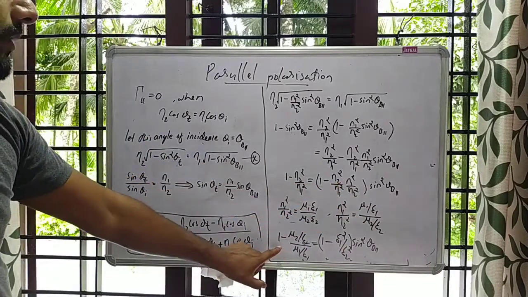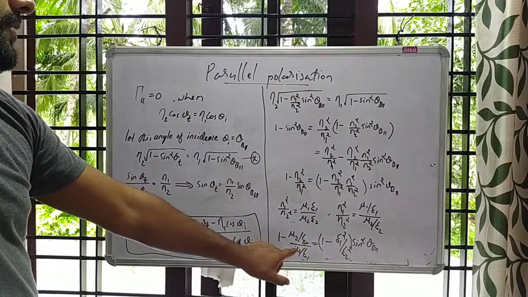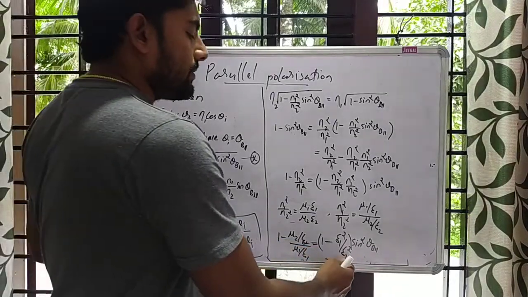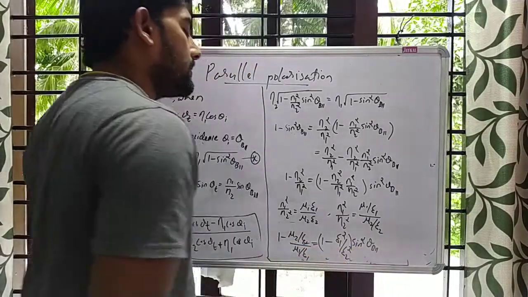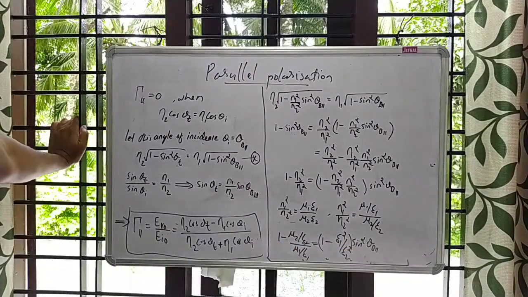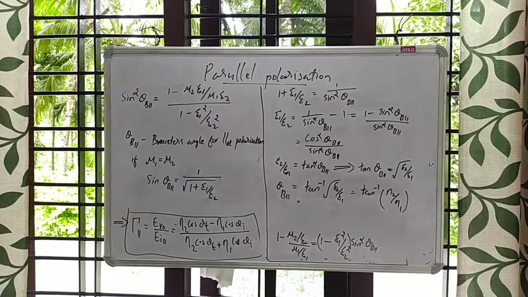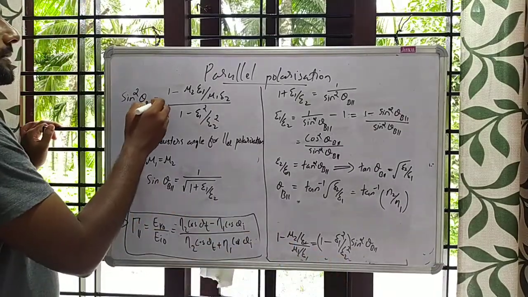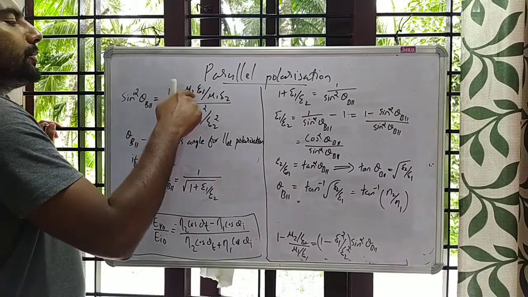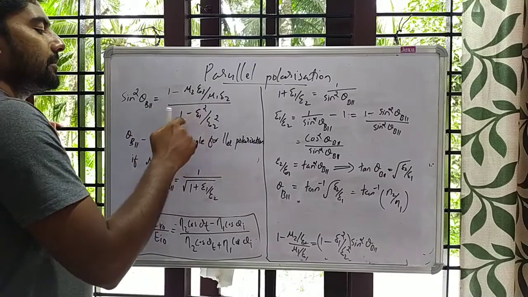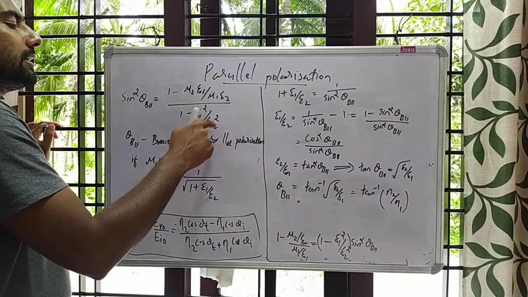I'll get 1 minus mu 2 epsilon 1 by mu 1 epsilon 2 is equal to 1 minus epsilon 1 square by epsilon 2 square into sin square theta B parallel. So from this equation we will get sin square theta B parallel is equal to 1 minus mu 2 epsilon 1 by mu 1 epsilon 2, whole divided by 1 minus epsilon 1 square divided by epsilon 2 square.